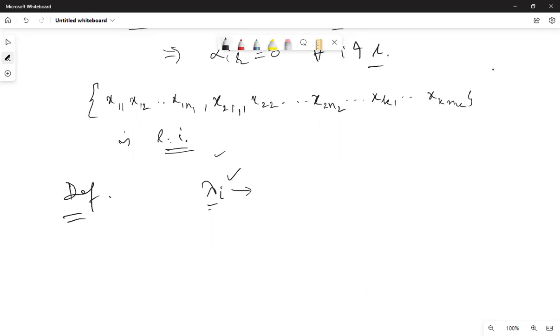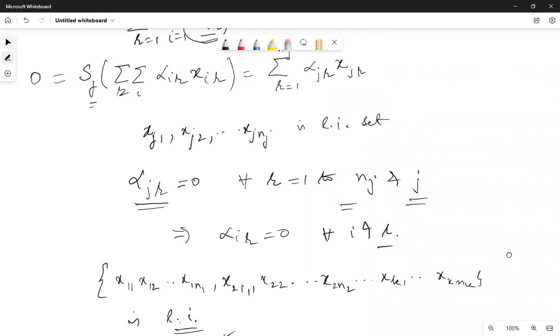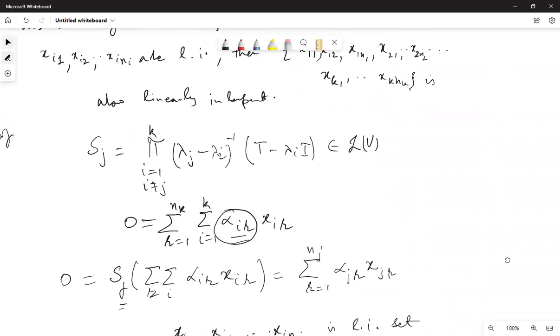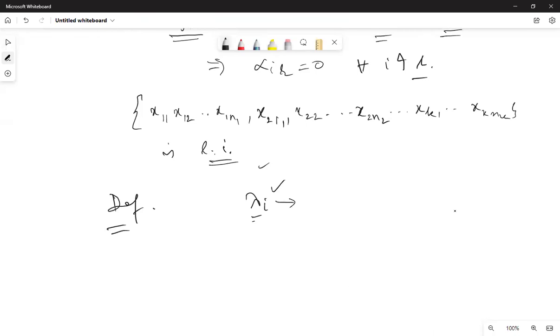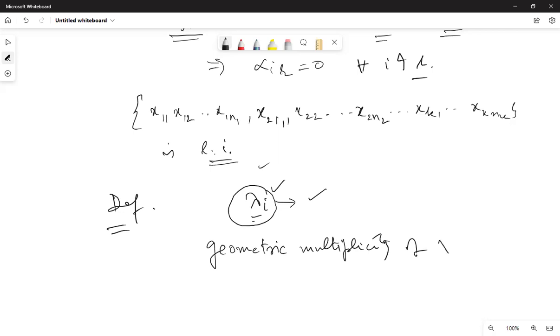As per this proposition, you are getting several vectors which are linearly independent with respect to this lambda i. Now, if I collect all the linearly independent vectors with respect to this lambda i and count them, the number of all linearly independent vectors with respect to lambda i is known as the geometric multiplicity of T at lambda i.